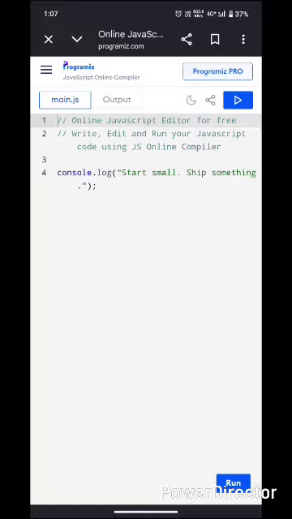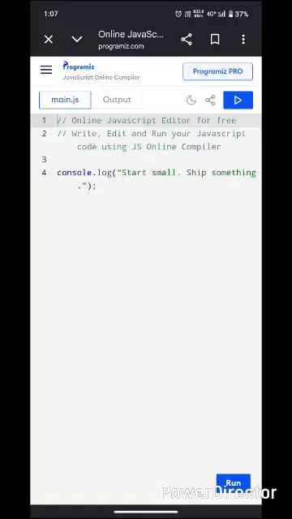Let's talk about ECMAScript now. Let me take a moment to talk about it, because it's very important to understand this. Think of ECMAScript as standards, or rules.